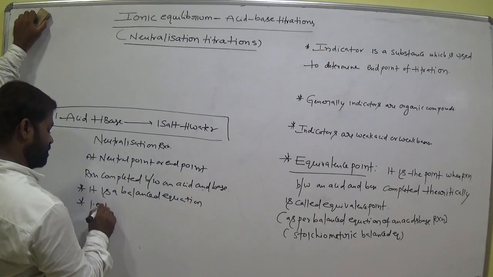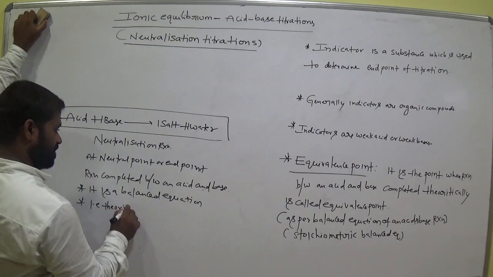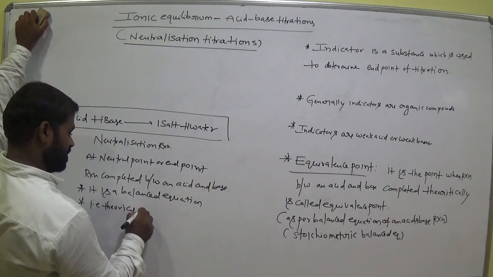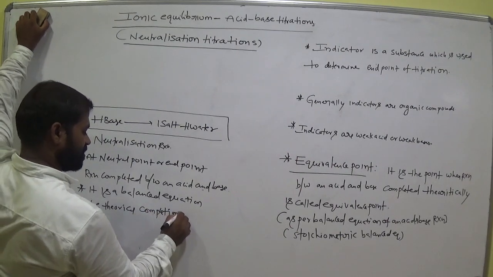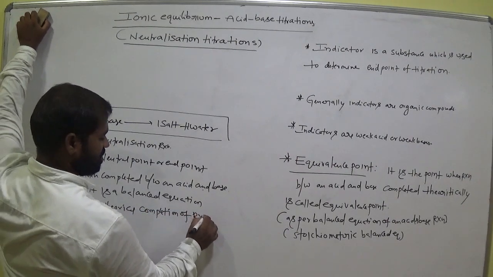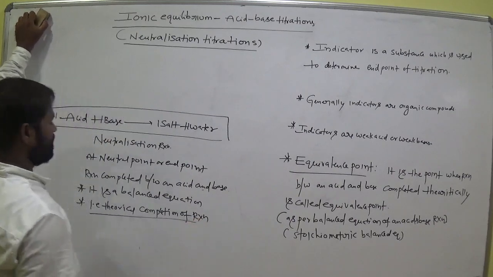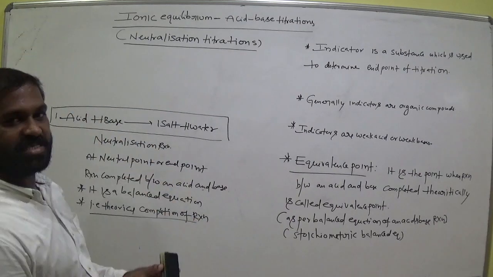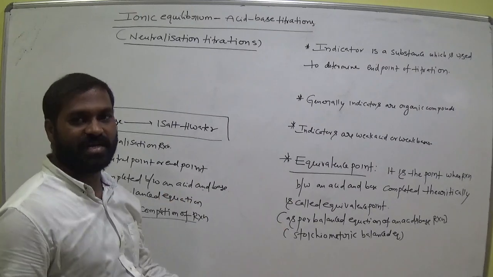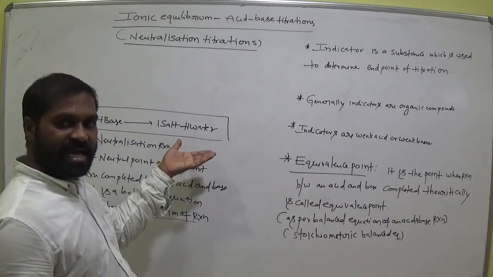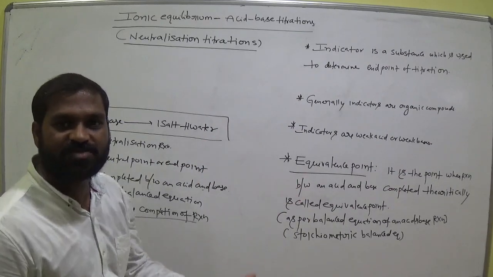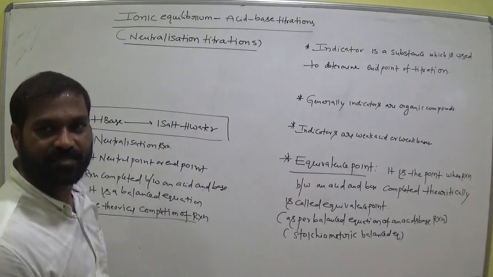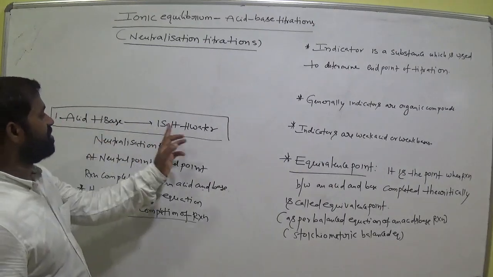That is the theoretical completion of the reaction. Is it clear? That end point is called the equivalence point here. If we can show the reaction in equation form, that is called the equivalence point. At the equivalence point, the reaction is balanced, and all stoichiometric coefficients are balanced.